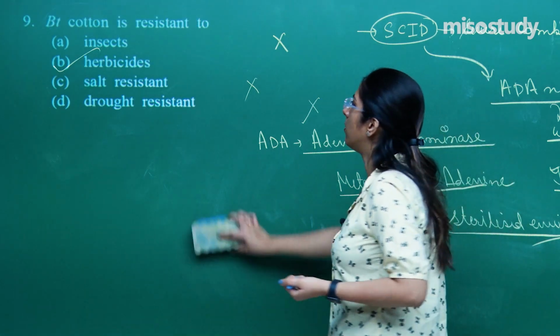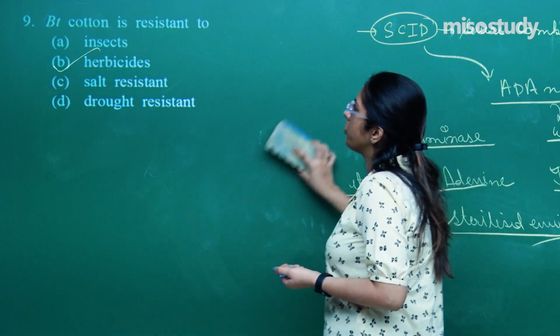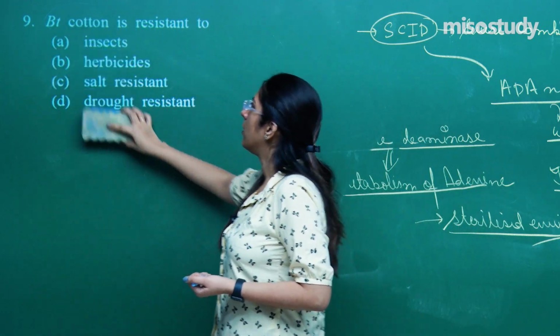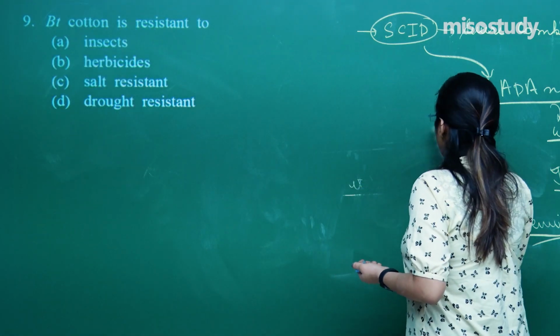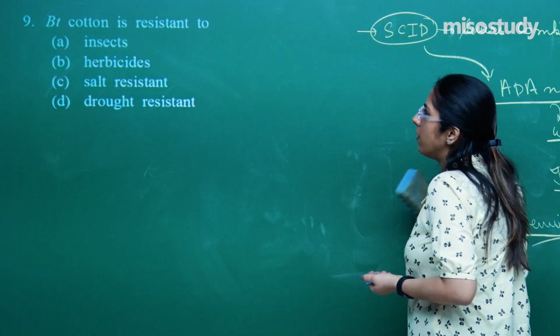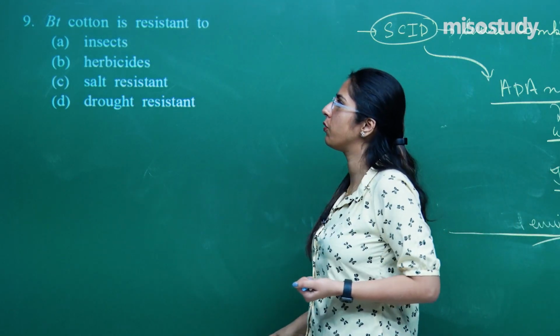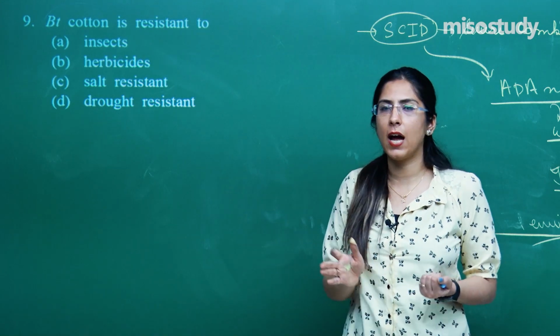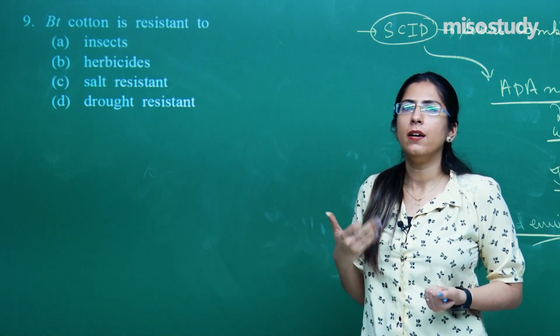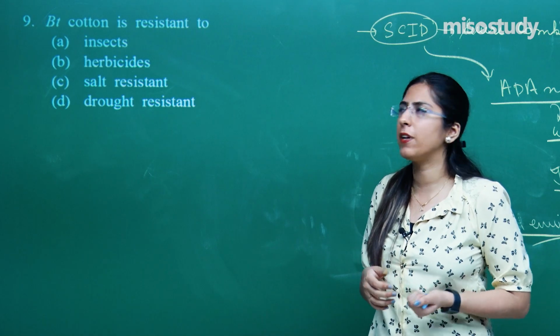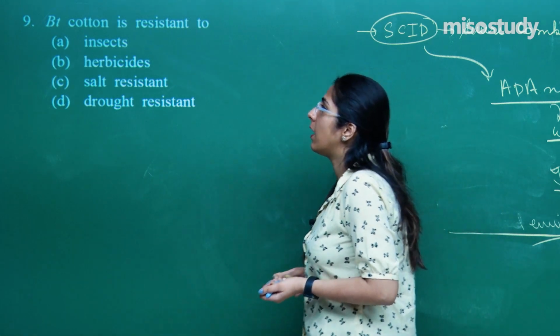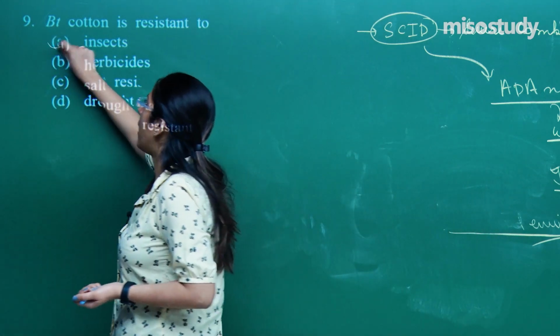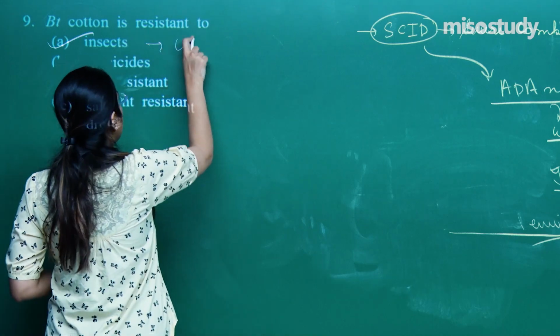Now, let's look at question number 9. Bt cotton is resistant to. Bt cotton, we have already studied, that is Bacillus thuringiensis. Bacillus thuringiensis produces endotoxin, and those endotoxins cause death of various pests, and basically those pests are insects. For example, Coleoptera, we have discussed that.